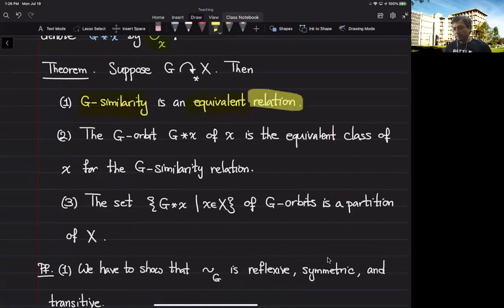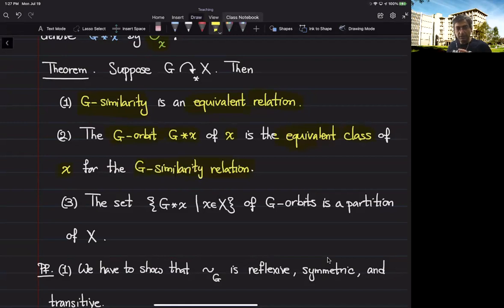And therefore, the set of all the points that are G-similar to a point X is indeed the equivalence class of X. So the G-orbit of X is the equivalence class of X under the G-similarity relation.